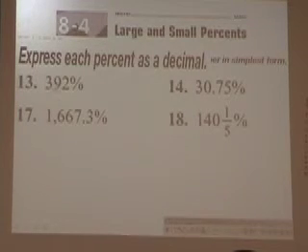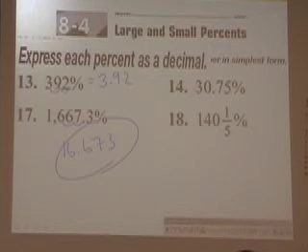Kiera, what's 392% as a decimal? Very good. Moved it 2 places to the left. Jeremy Young, what's this as a decimal? 16.673. Excellent. Raven, what's this as a decimal? 0.3075. Good.